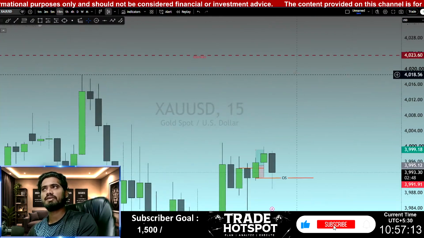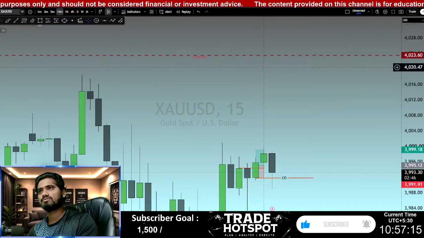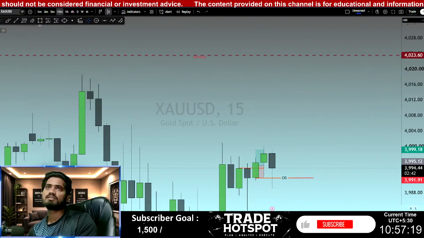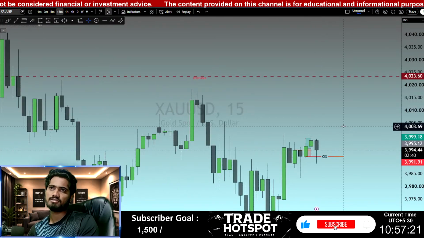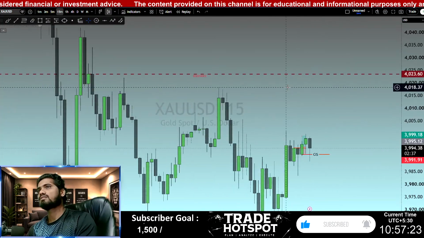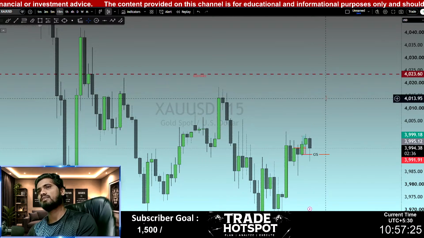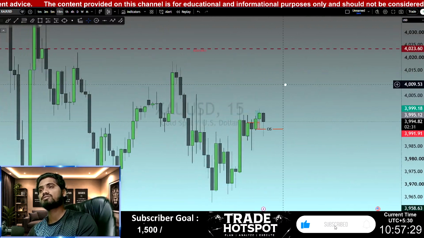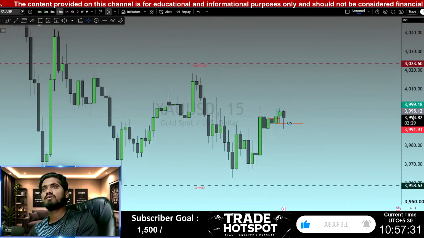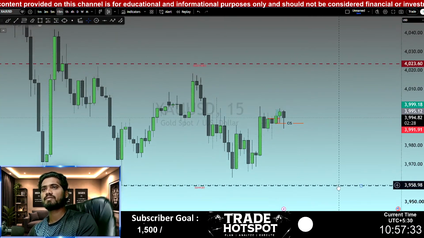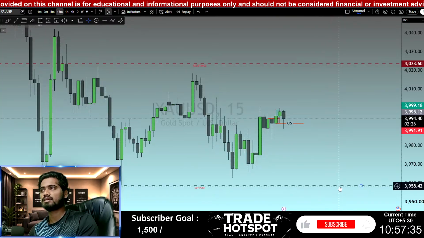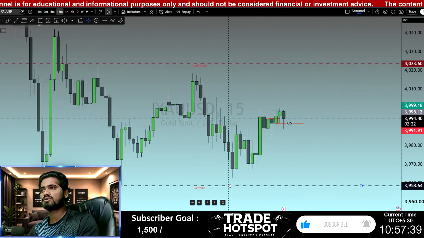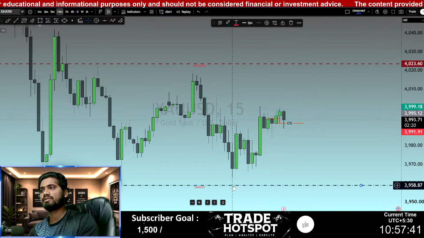But if gold comes to this area and again I see a strong confirmation in this area, then definitely I'll go for a bigger trade, keeping the target up to here. It's a very large trade we will get here.